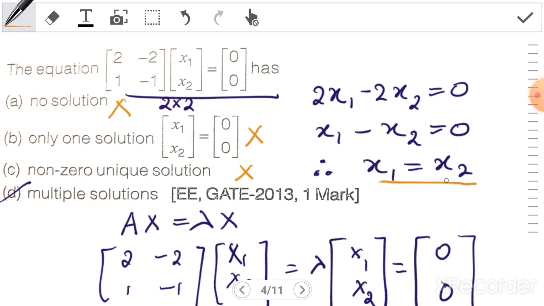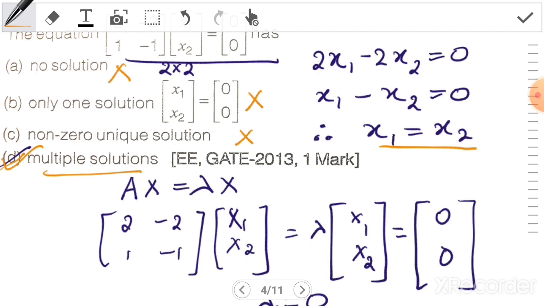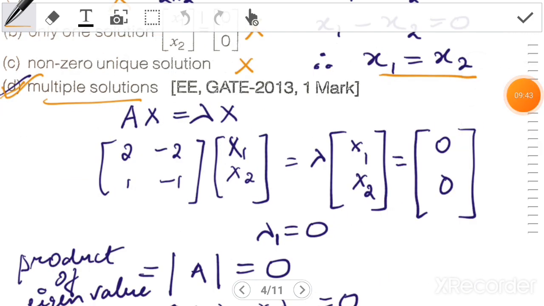There are multiple solutions, so we are left with only D, infinite number of solutions. Okay, let us go to the next question.